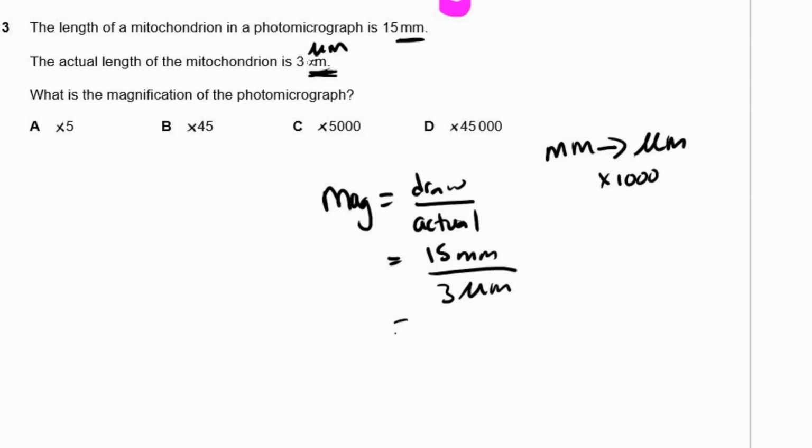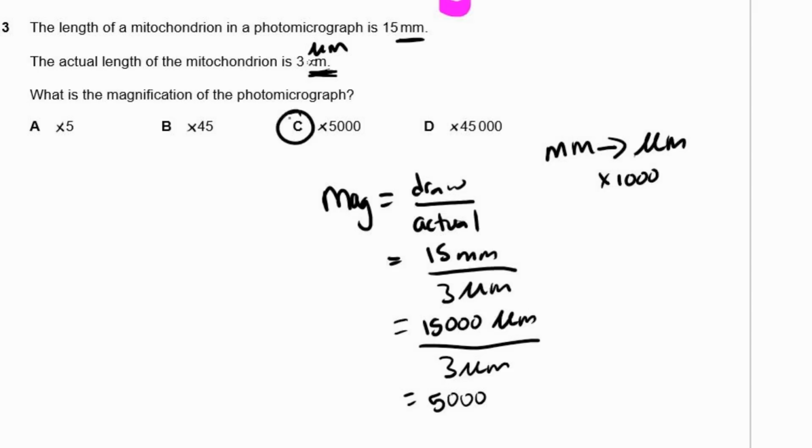So that equals 15,000 micrometers over 3 micrometers, and the answer to that is 5,000. And as I said, you can convert micrometers into millimeters by dividing by 1,000. So it's 5,000 times magnified.